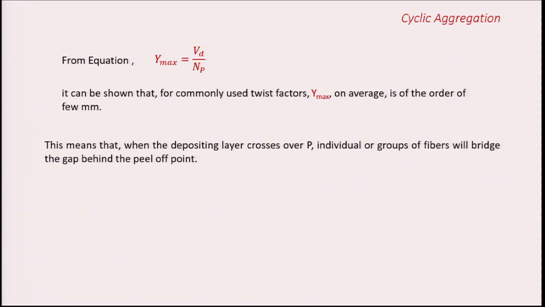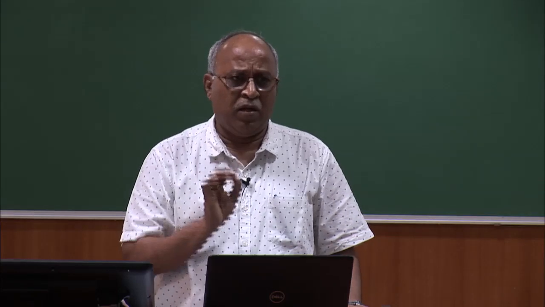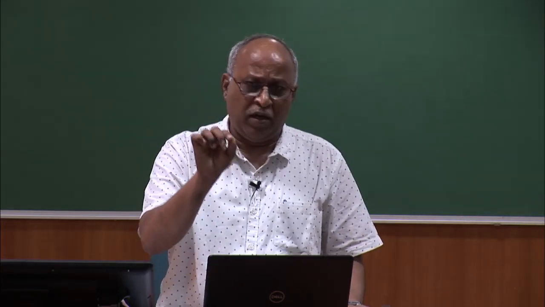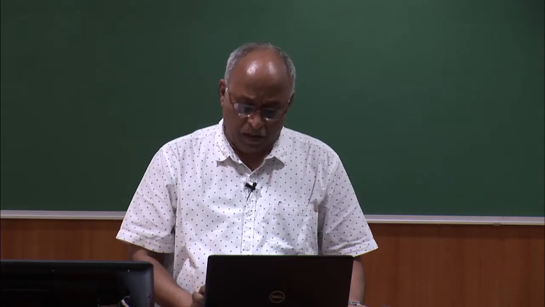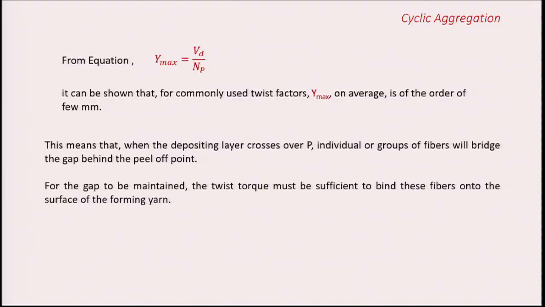Since the gap between the peel off point and the next section is only a few millimeters, there can be fibers which are placed on the peel off point and in the gap also. Now, what will happen as the yarn is getting rotated, the torque is going to flow and it will introduce twist into the main section of the yarn.